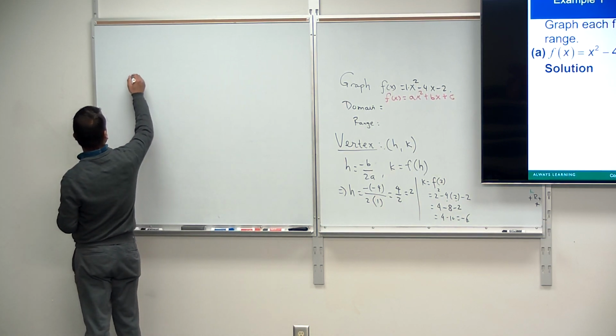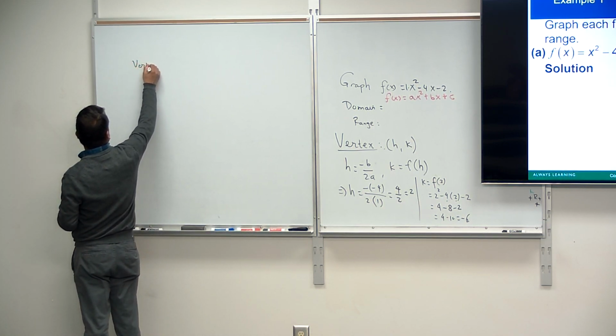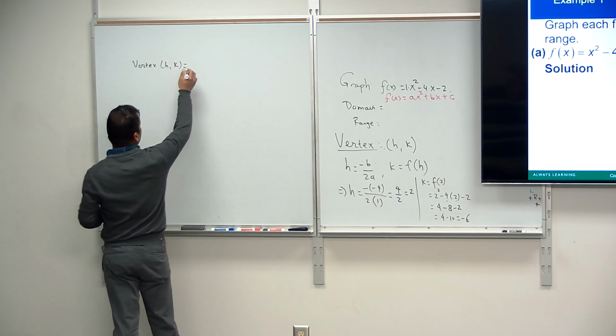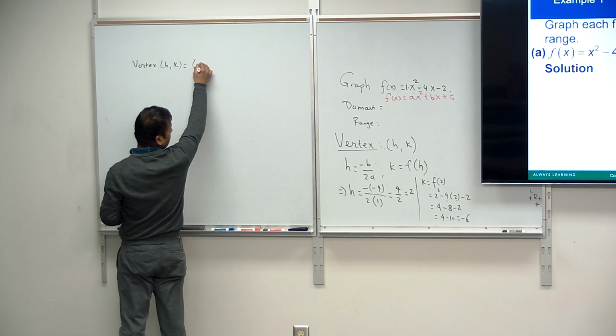So the vertex, which is denoted by h comma k, is 2 comma negative 6, sorry.